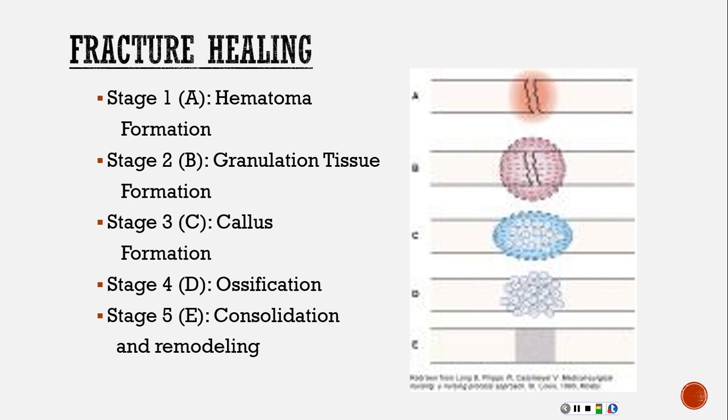That bruising that you see is not always a bad thing. Hematoma formation is your first step in the healing process, and at the site of the fracture, that hematoma will form and begin to heal. Followed by granulation tissue formation, callus formation, ossification, and then consolidation.